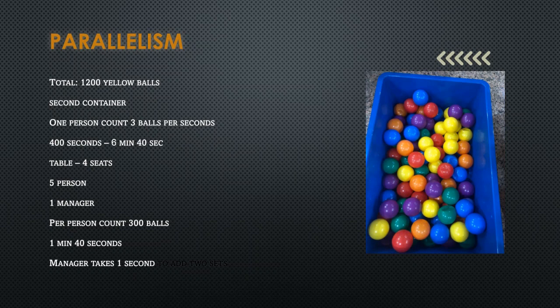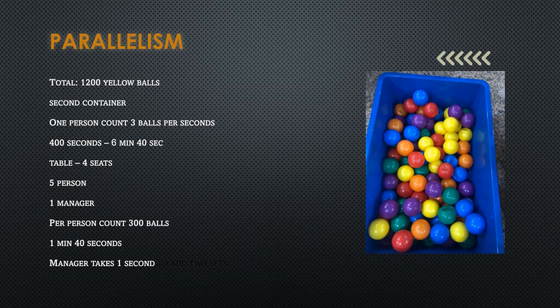Now if one person is doing this task, counting 3 balls per second, he will take 400 seconds, which is equivalent to 6 minutes 40 seconds, right? So a person alone does this task in 6 minutes 40 seconds.